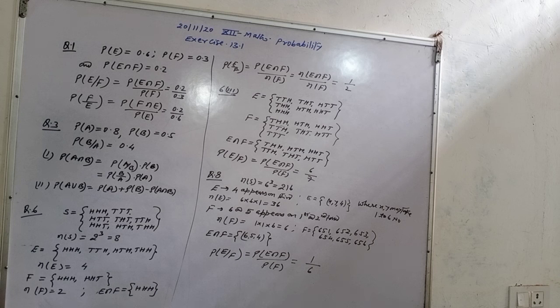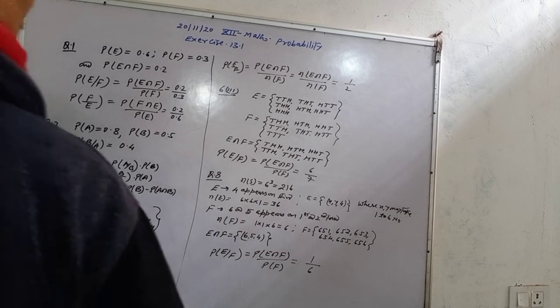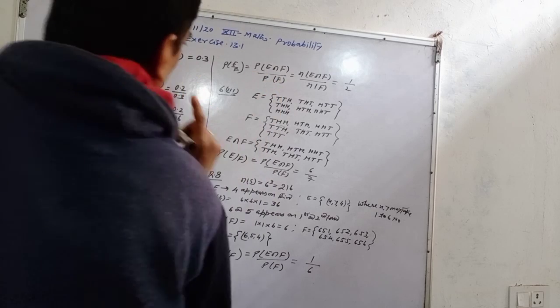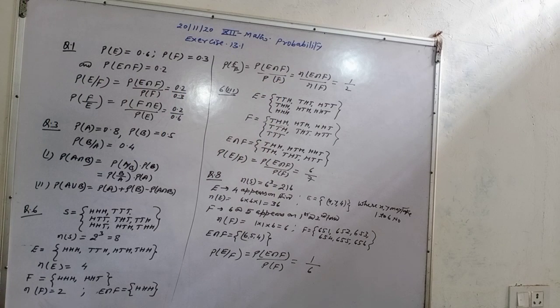Now for P(E|F), apply the formula P(E intersection F) upon P(F), or n(E intersection F) upon n(F). Putting the value, n(E intersection F) there is only one outcome, and in F there are 2 outcomes, so 1 by 2.